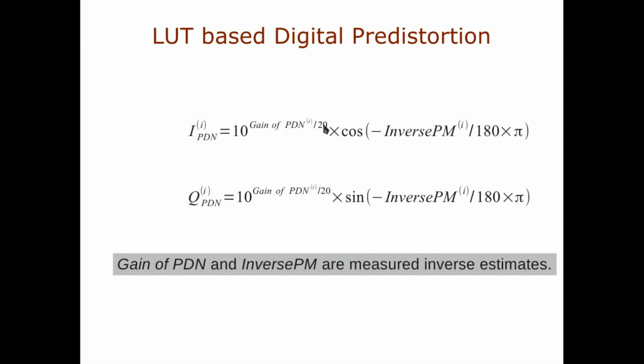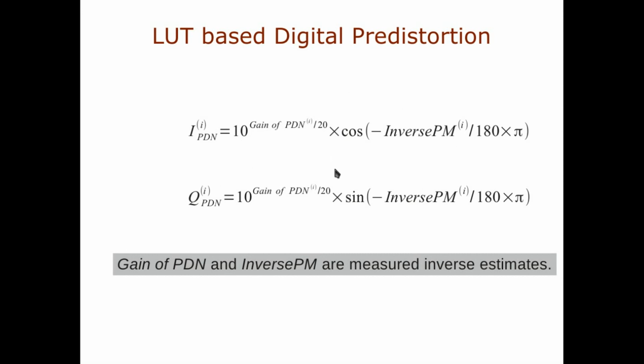That is to reduce it to the gain in voltage out by voltage in, multiplied by cos of negative inverse phase modulation of the ith component times pi by 180. So it is a degree to radian conversion, as the inverse phase modulation is actually in degrees.